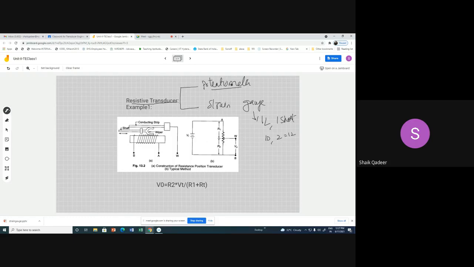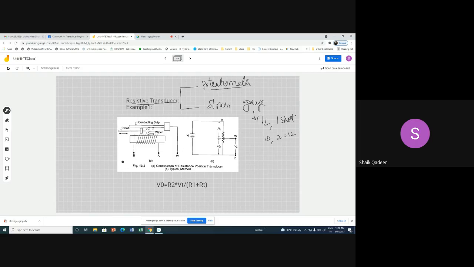Are you ready for that? You see, this is the construction of the potentiometer, and this is the circuit diagram, or the equivalent electrical circuit, of the potentiometer. A potentiometer is a device which converts displacement into an electrical signal.